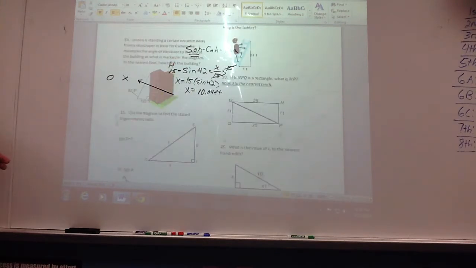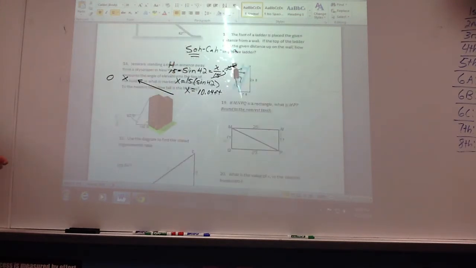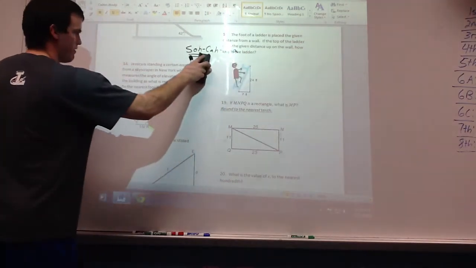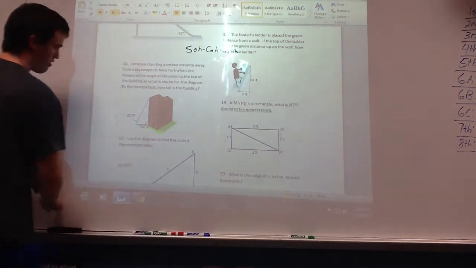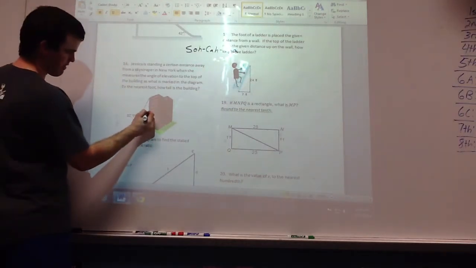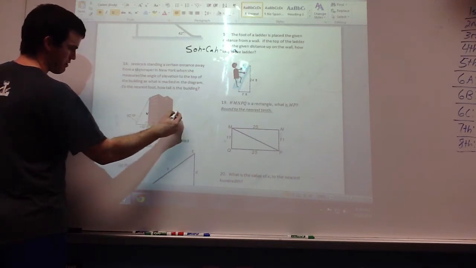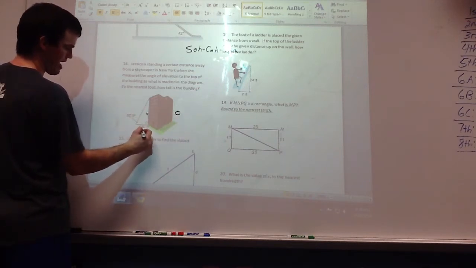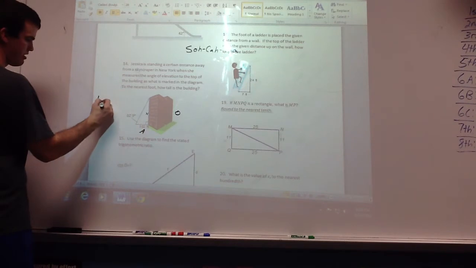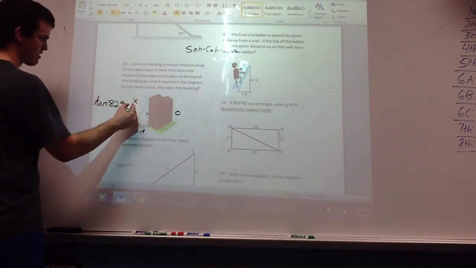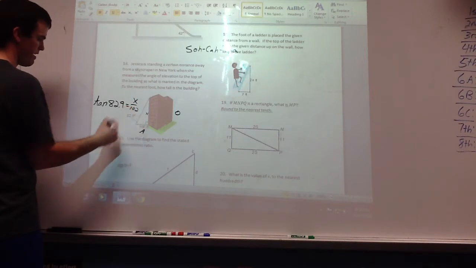Number 14. Another trig problem here. Again, stick with the SOHCAHTOA. We've got to figure out which one to use. Well, I'm looking for x. X is my opposite here. So the building is the opposite. I have the adjacent, so I'm going to use tangent. The tangent of 82.9 equals x over 102.